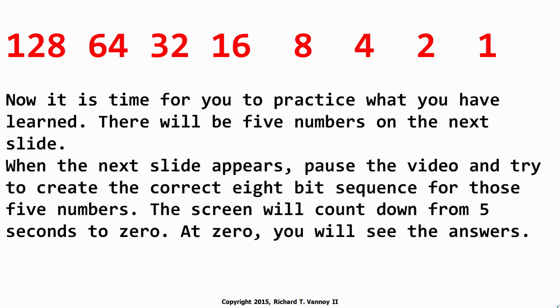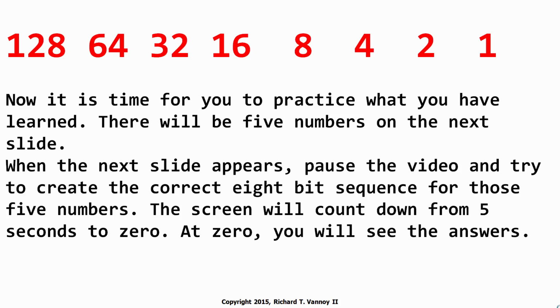So what I'm going to do in the next slide, I'm going to place 5 numbers on the slide, and then you'll see a countdown on the screen. The countdown on the screen will go from 5 down to 0. When the countdown hits 0, I'm going to show you all the answers. So if you want to stop the video, work out the numbers, convert them each to binary, then when you see the countdown or as soon as you see the next slide, hit pause on your video.